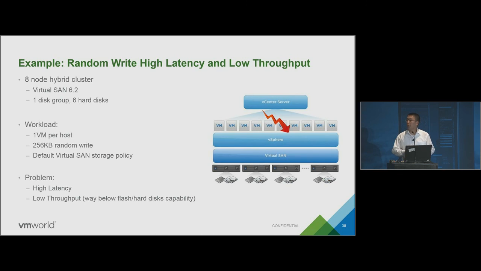And the workload is large block random writes. Again, this is using the default Virtual SAN storage policy. The problem present is that throughout the testing duration, we are seeing high latency and low throughput for the workload.